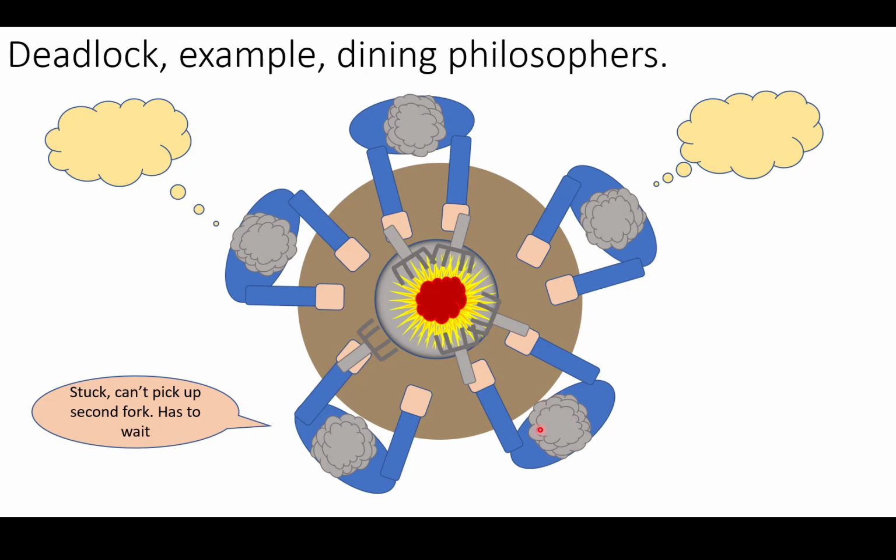This guy is eating because he has 2 forks. This guy is eating because he has 2 forks. And this guy, well, he's not eating. He's stuck because he cannot pick up his right fork, and you cannot eat spaghetti and meatballs with only 1 fork. At some point, this guy is done eating, and he will put down the fork, and then this guy can pick it up and start eating.